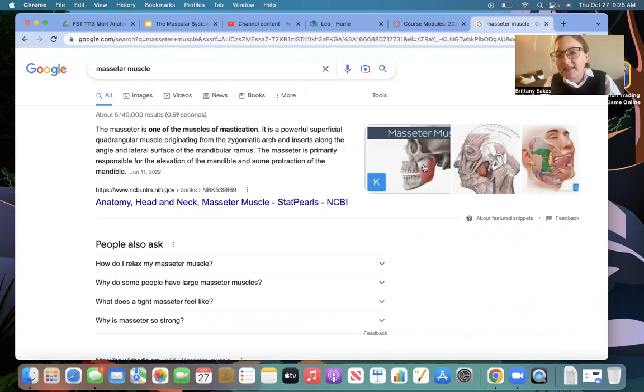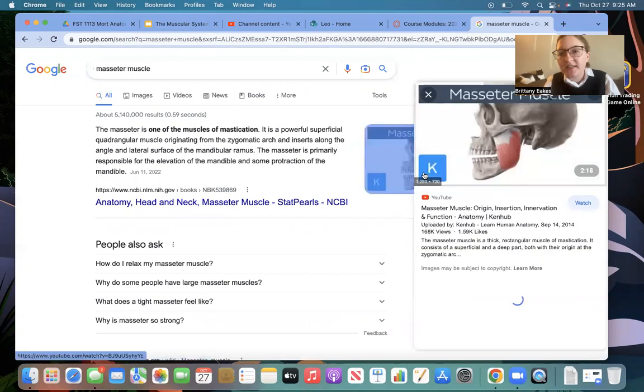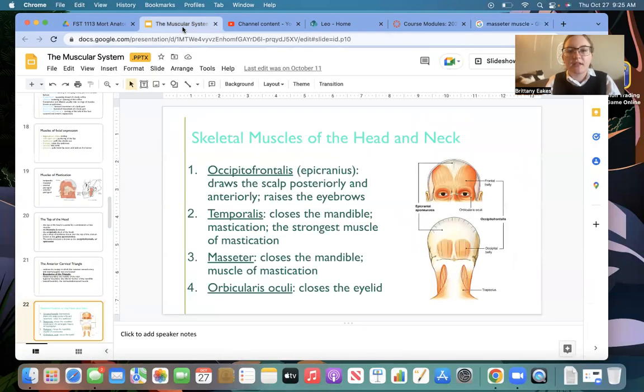You can see its location here. So we had the temporalis, which is in this region, the masseter, the occipitofrontalis or the epicranius.